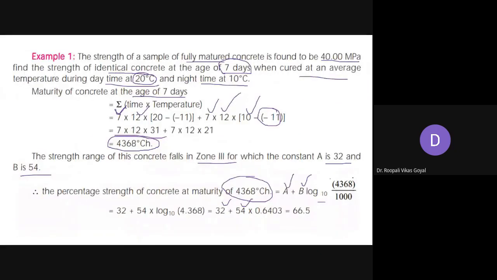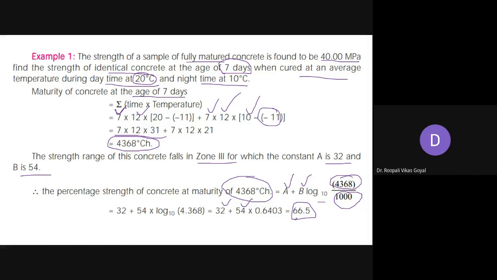Here maturity is 4368 divided by 1000, and if you solve this, you will find that the value is 66.5. This means that after 7 days, the strength will be 66.5% of 40 MPa. So 66.5% of the strength is gained by this identical concrete.